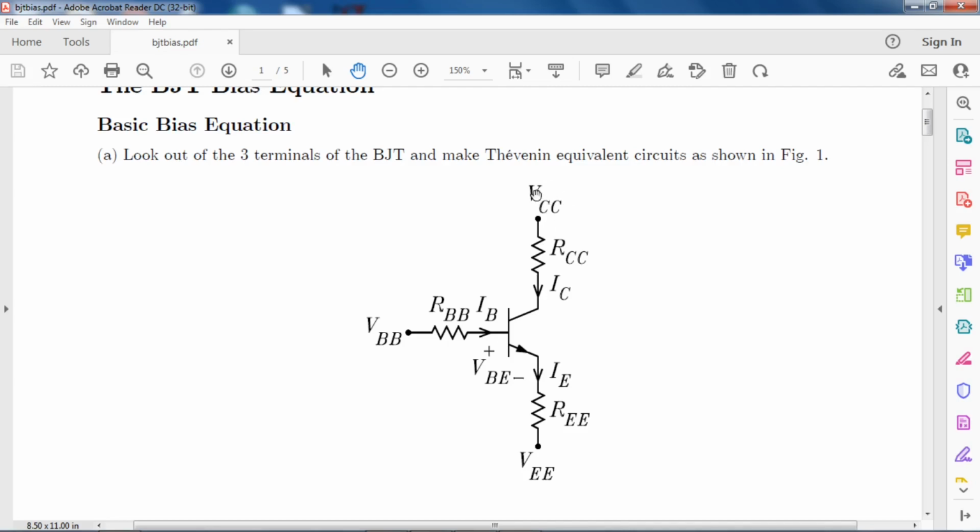This is VCC, the Thevenin voltage for the collector, RCC the Thevenin resistance, same thing for the base and for the emitter. Notice the notation he's using: double C, double B, so that you don't confuse it with the VB, VC or VE here. And of course this is the VBE, the junction, 0.6 or 0.7 volts.